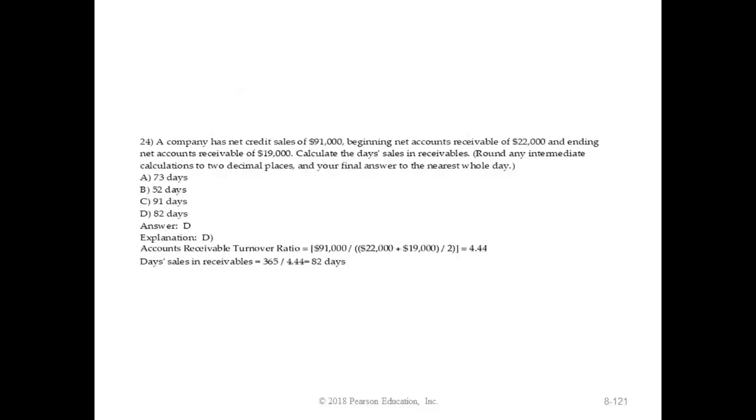My turnover ratio is going to be net sales of 91 divided by my average net AR of 22 plus 19 divided by 2. So I'm coming up with an AR turn ratio of 4.44. Now, for the days sales in receivables, I'm going to take 365 divided by my AR turn ratio of 4.44, and I'm going to come up with days sales in receivables of 82 days. This is D.